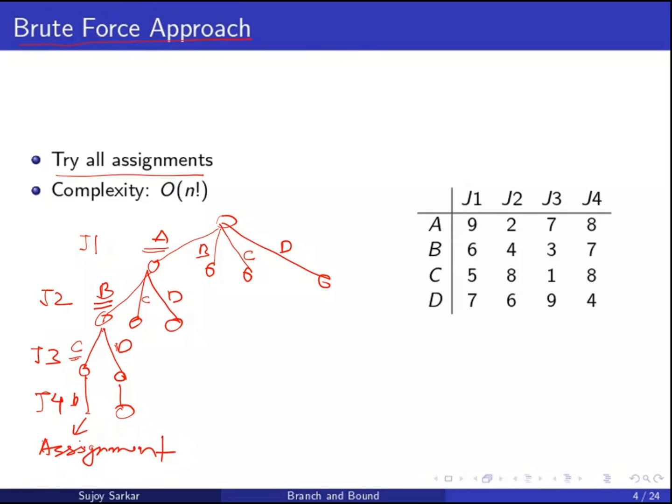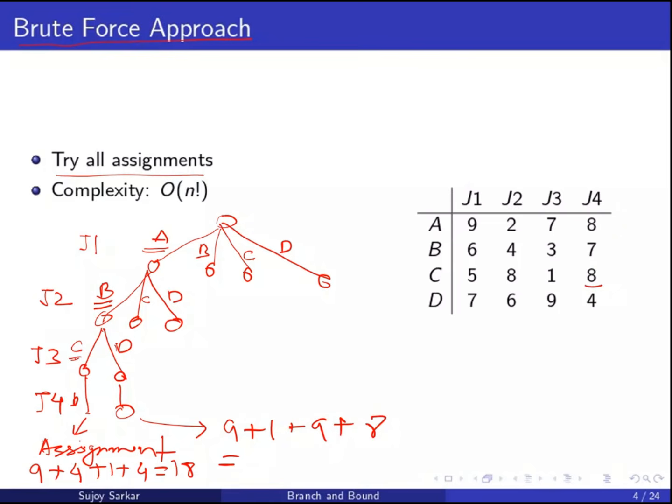And how much will it cost? If we see here, job 1 to A, like earlier we calculated, 9 plus 4 plus 1 plus 4, so this will cost 18. While this assignment will cost 9 plus 1, job 3 is assigned to D so again 9, and job 4 is assigned to C so 8.